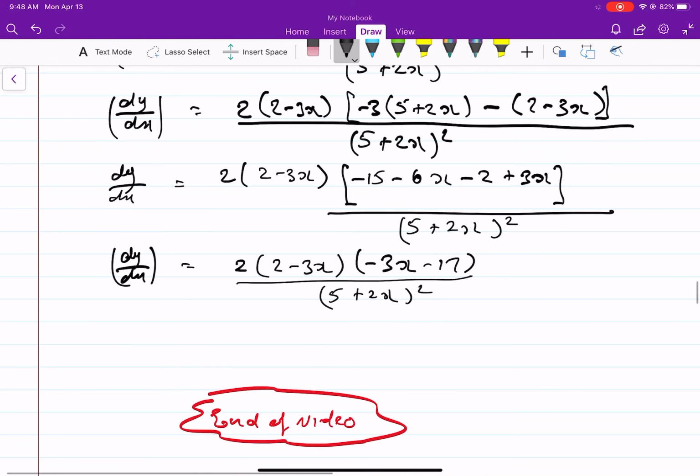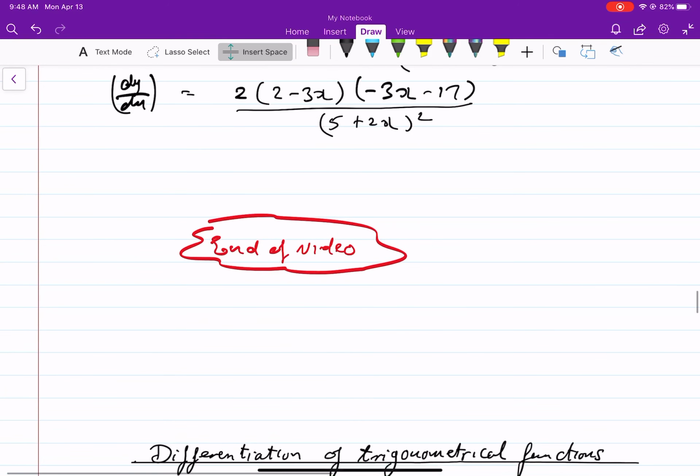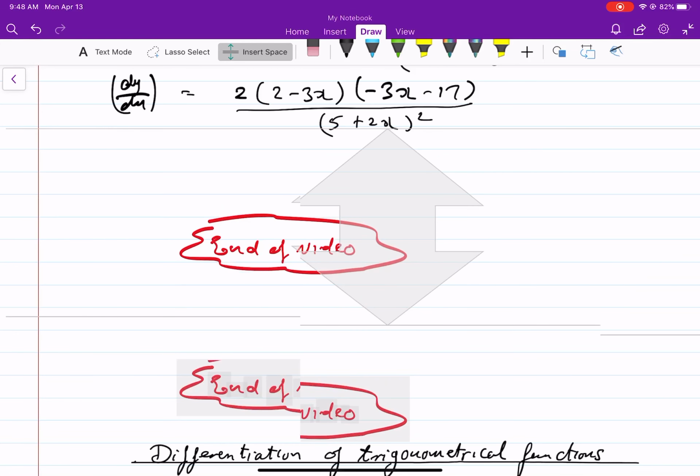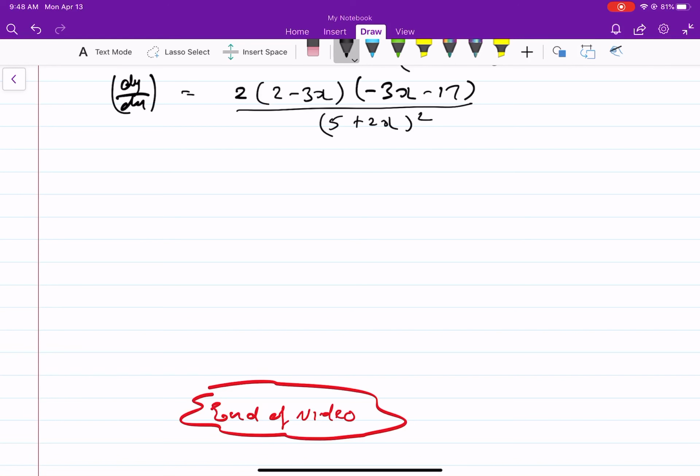Yeah, the only thing you can possibly do there is factor out a minus from the last bracket in the numerator. I'll do that. dy dx is equal to minus 2 into 2 minus 3x into 3x plus 17.